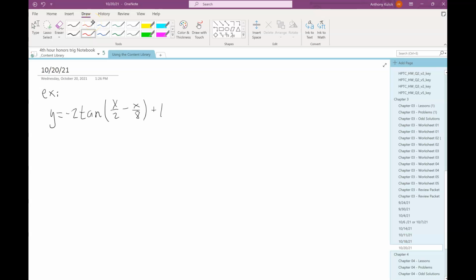So first thing I'd want to do is identify the values for a, c, h, and k. In order to do that, I need to make sure that my function is in that transformation form by checking if the leading coefficient on x is 1. It's not here, right? It's a half. So I'd begin by factoring.